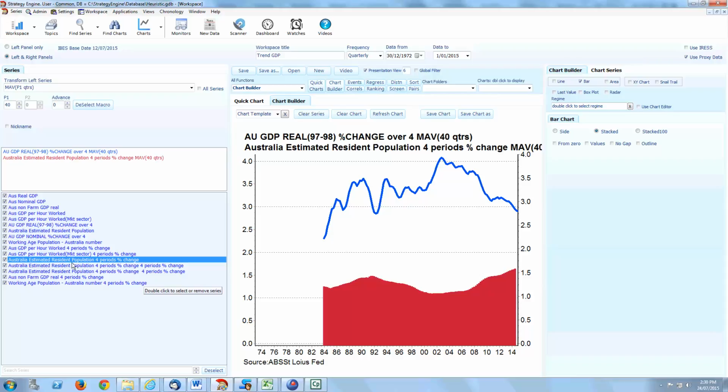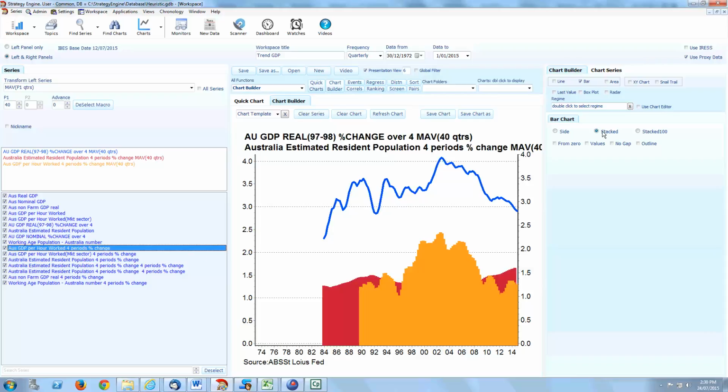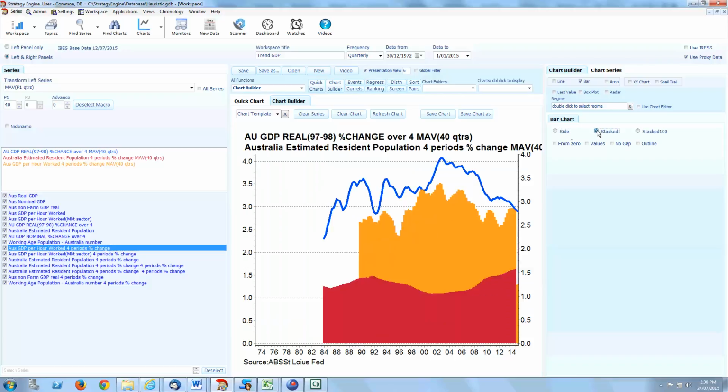The main driver there, obviously, was the mining boom, which was adding to growth over that period. But if we look at productivity, or one measure of productivity, which we'll get up here now, stack that on top, and you can see that's on top of the population growth. We only have the data going back to 1980 for this particular series, but you can see that GDP per hour worked during the 2000 to 2008 period was very strong and helped push the overall GDP numbers up.